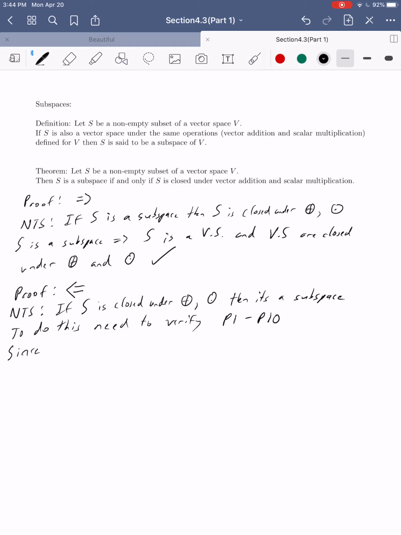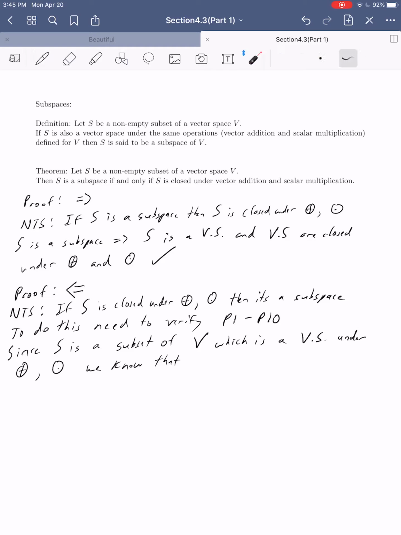Since S is a subset of V, which is a vector space under plus and the scalar multiplication, what do we get to know for free? Well, we know that S is inside of V and it has these two operations. So we know these two operations satisfy all the properties that relate to them being appropriate vector space properties.